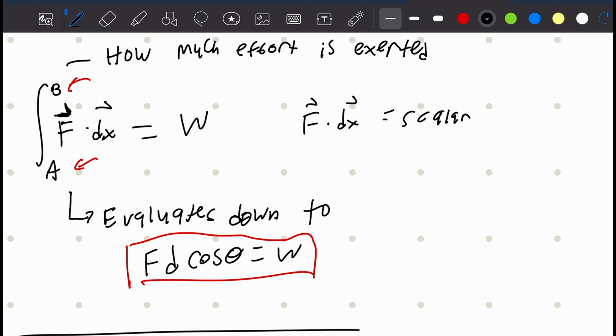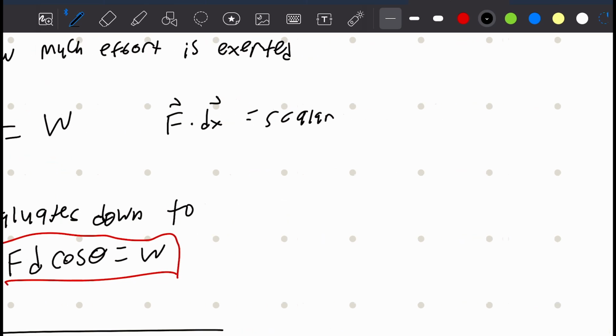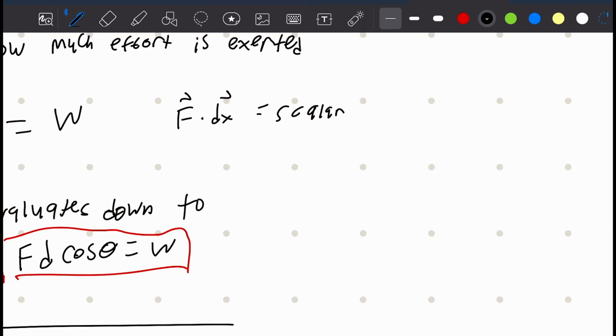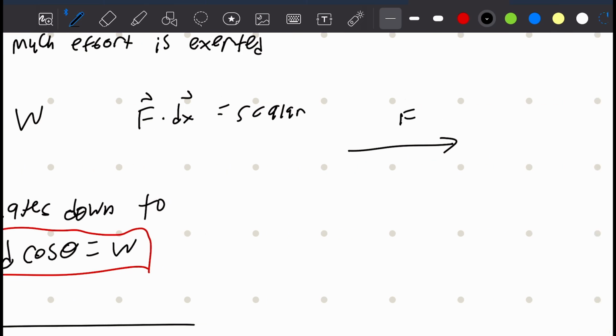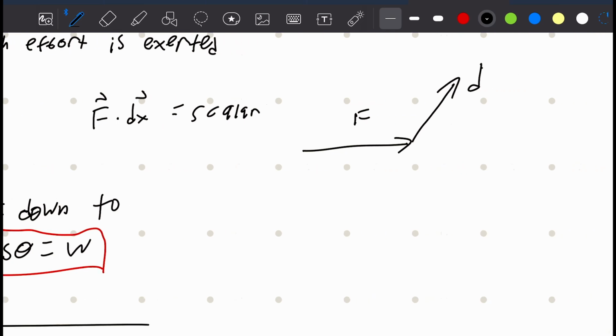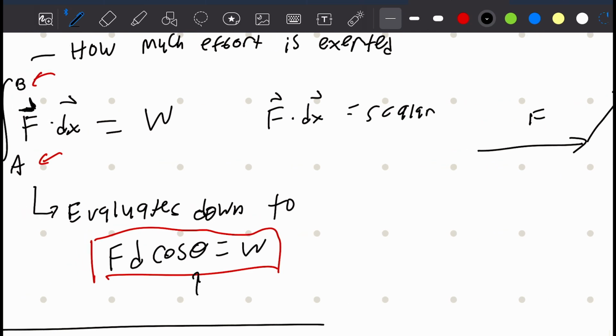And the cosine attached to it is determined by the angle between the two vectors. So, for instance, if you have a force vector pointing this way, but your direction of motion, your distance, is this way, the angle difference between them will be your theta.